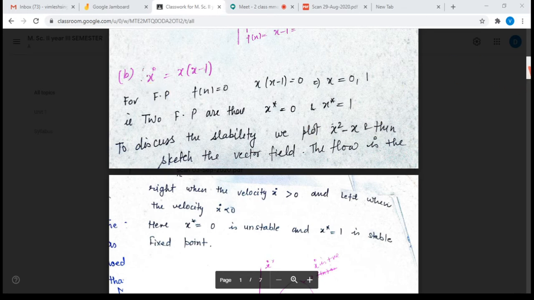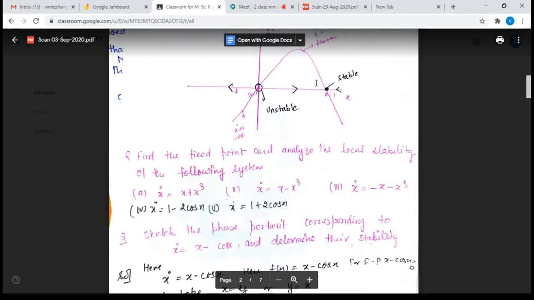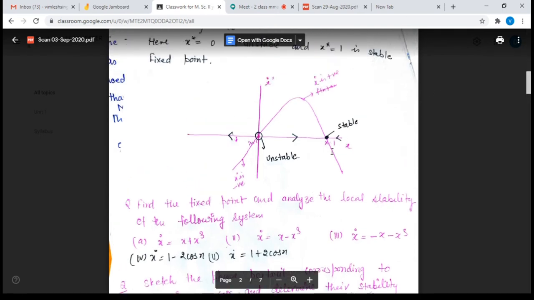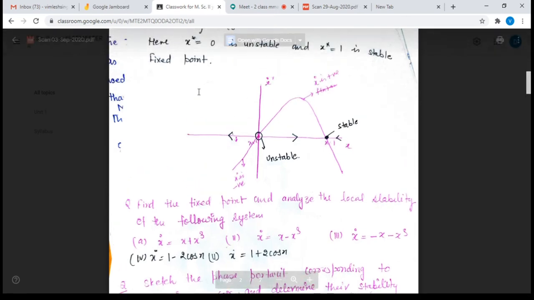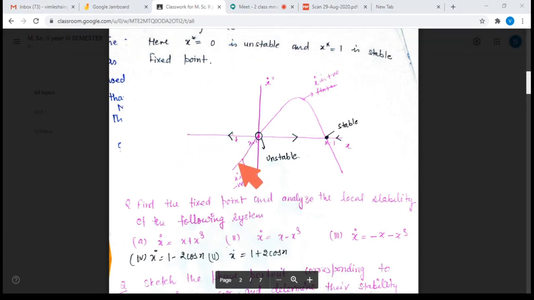For plotting this, we take the x-axis and the x dot axis, and the equation is x square minus x. The curve crosses the axis this way, and the plot of x square minus x is of that type.